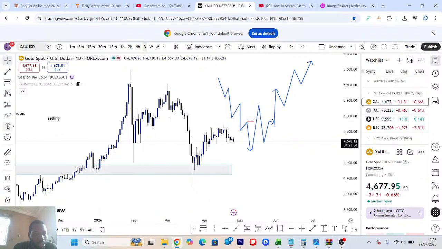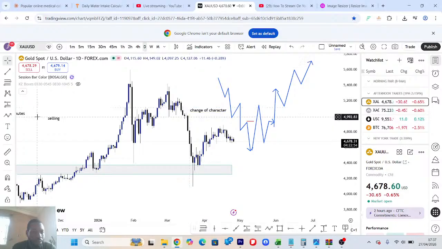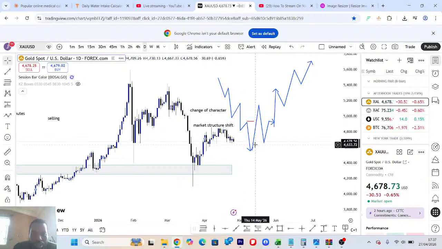So that is called a change of character, or it is called the market structure shift. That is what it's all about.